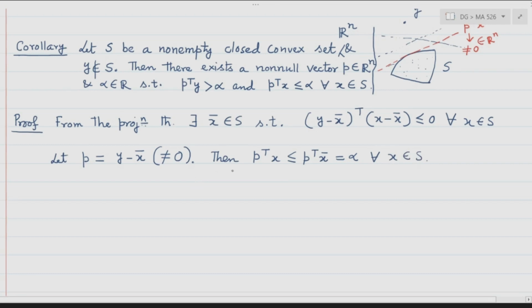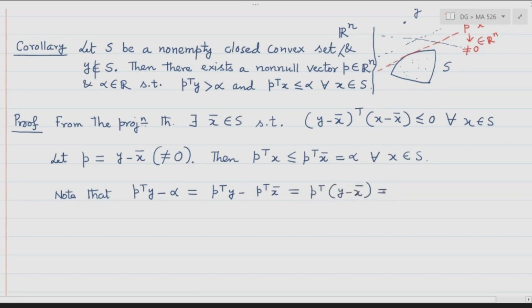Not only this, we also have to prove that p transpose y is bigger than alpha. How do we prove it? We note that p transpose y minus alpha is equal to p transpose y minus p transpose x bar, which equals p transpose (y minus x bar).